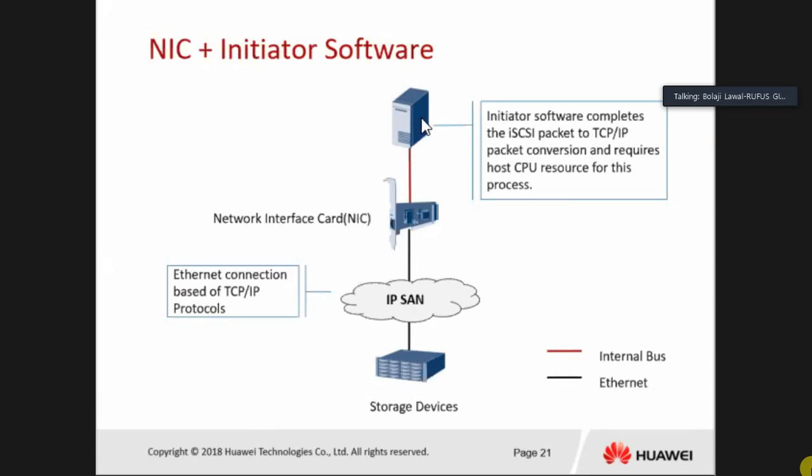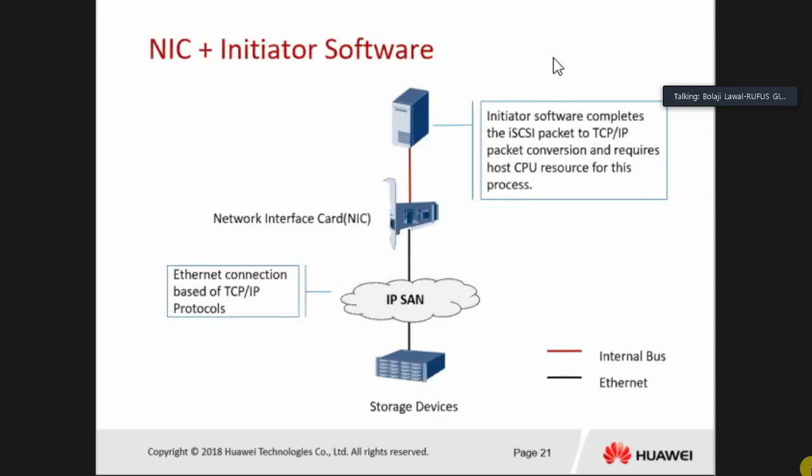And this does not improve the throughput of data transmission. I said it yesterday. Like here I said, the initiator software completes the iSCSI packets to TCP/IP packet conversion and requires host CPU resource for this process.